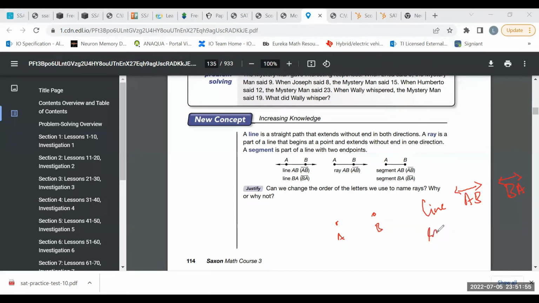If it's a ray, then you'll represent it as AB, an arrow here. This cannot be interchanged simply because you have the extension on the side of B, right? And A is an endpoint, and therefore you write AB and the arrow must be in this direction. And then for the segment, you'll have AB and a dash on top. Okay, clear?